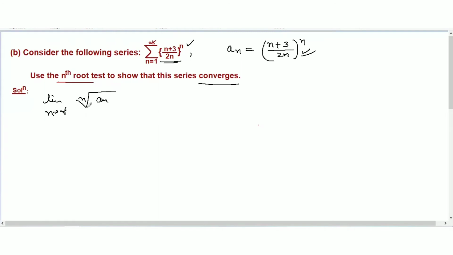And by the nth root test, we will find the nth root of a_n. Find the value of this. If we get less than 1, then this means the series is converging. If we get greater than 1, or infinity, which is also greater than 1, the series will be diverging.